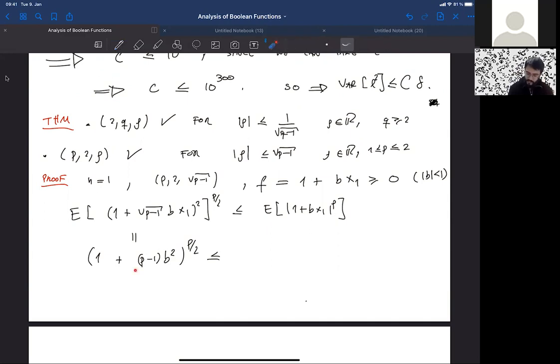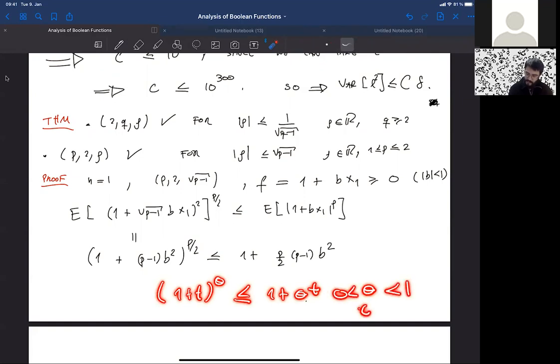And so since p minus 1 is less than 1, this is also less than 1. This is a number which is less than 1, and this is a number also which is less than 1. So this is less or equal than p over 2 p minus 1 b squared. Okay, so what we're using here is that 1 plus t to the theta is less or equal to 1 plus theta t if theta is less than 1 positive and t is greater or equal than 0.